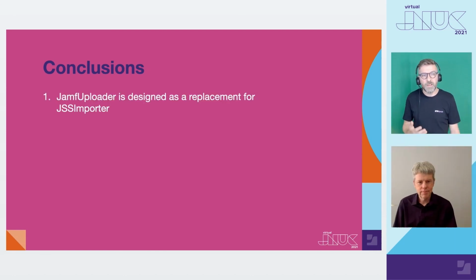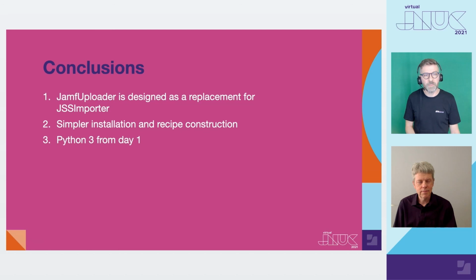From my side, I've designed Jamf Uploader to replace JSS Importer in my organization, though they can be used side by side. Over the course of this year, I'm replacing all my old JSS recipes with Jamf recipes. It's designed to be simpler to install and use, with more intuitive recipe construction.